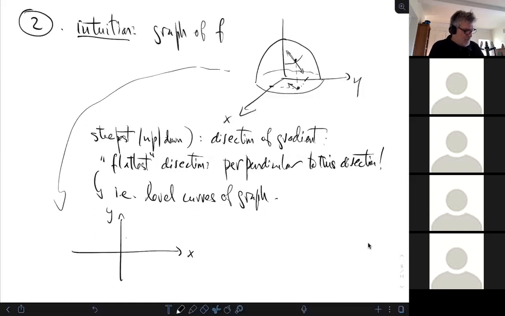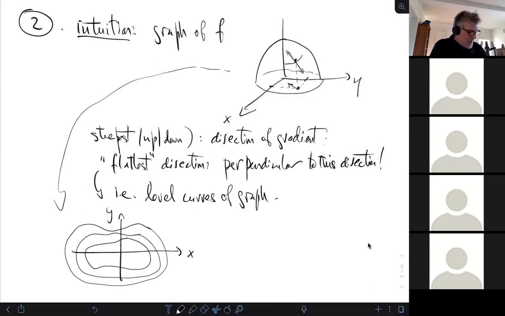You're looking at your mountain. These are the level curves of your mountain like that. And you take a point on the mountain. The steepest direction will be perpendicular to the flat part. Right? So that's what we're aiming for.